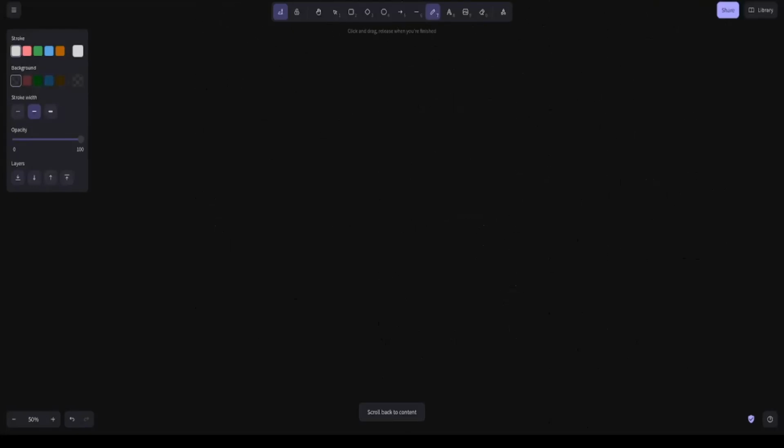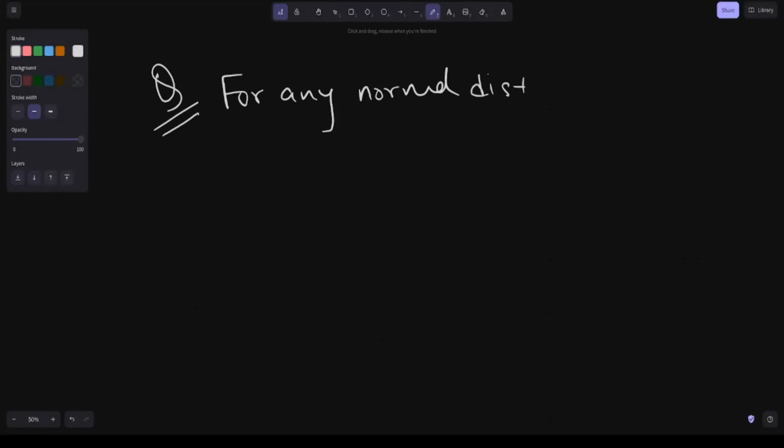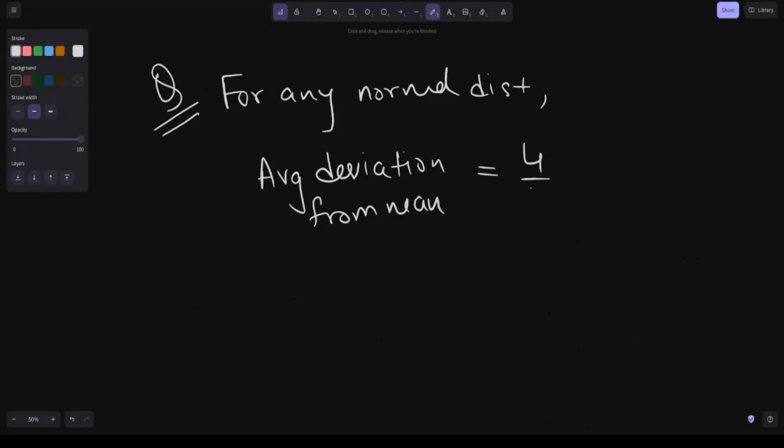And now finally, a question that would be like an open-ended question, which I will not solve: for any normal distribution, the mean deviation, that is the average deviation from the mean, is equal to 4 by 5 into the standard deviation.